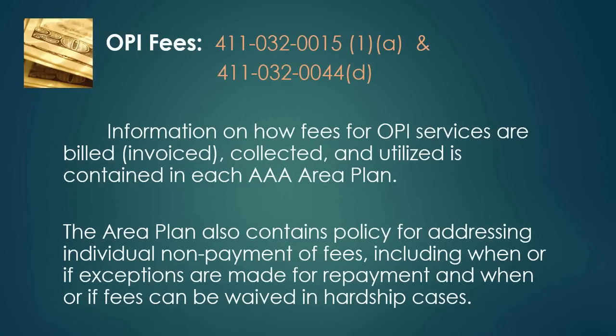Now, I have read about a dozen of the area plans, and I'll tell you that the invoicing and billing process is different for almost every AAA. Some are very specific to the person who will do the billing or invoicing, how it's collected, and what happens to the fees once they are collected. So be sure that you're aware of your area plan concerning the collection of the fees.